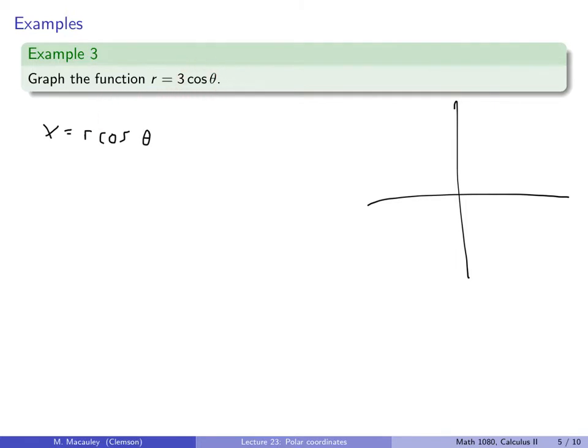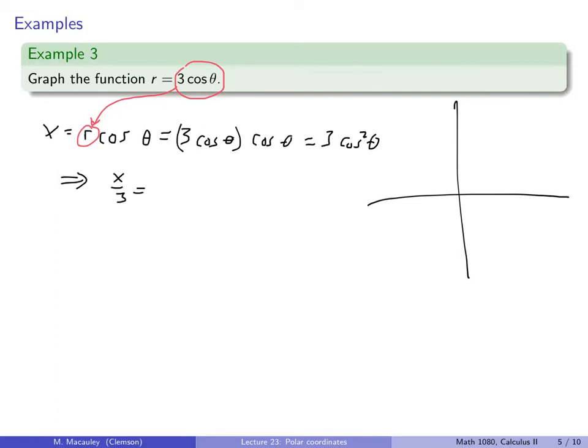So r cosine theta is equal to 3 cosine theta times cosine theta, which is 3 cosine squared theta. In other words, I'm going to write this as x over 3 equals cosine squared theta. You'll see why in a moment.